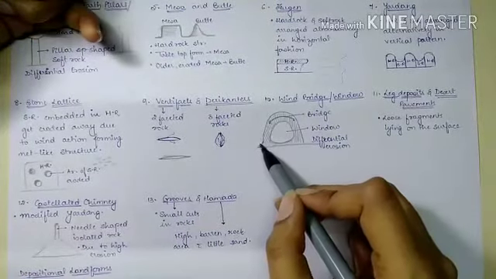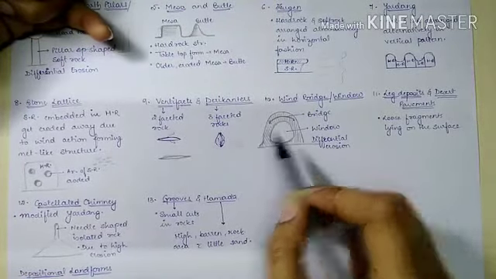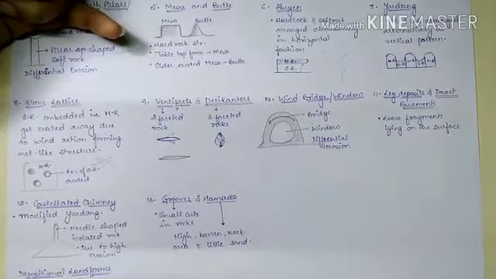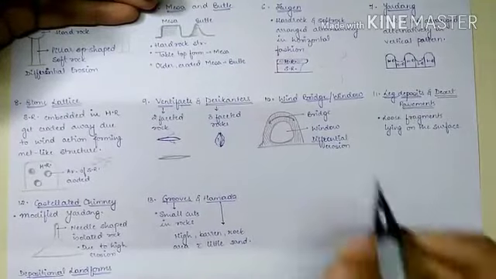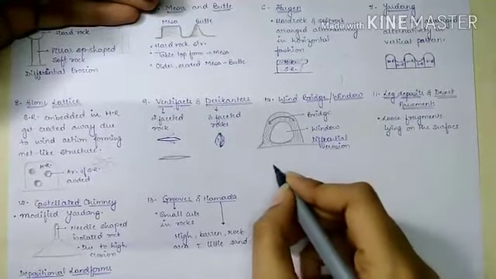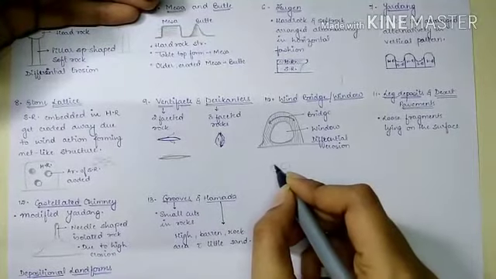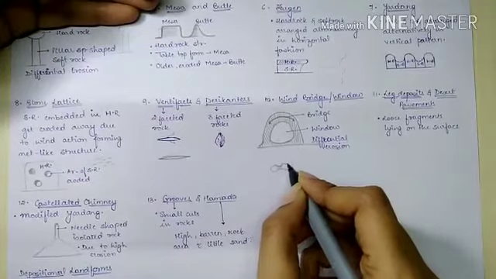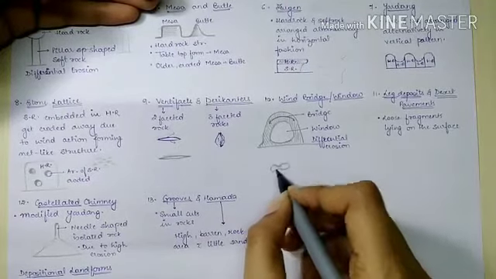Next is wind bridge and wind window. We have seen the stone lattice. When the stone lattice gets wider, the holes get wider and wider, they attach to each other and fuse with each other.